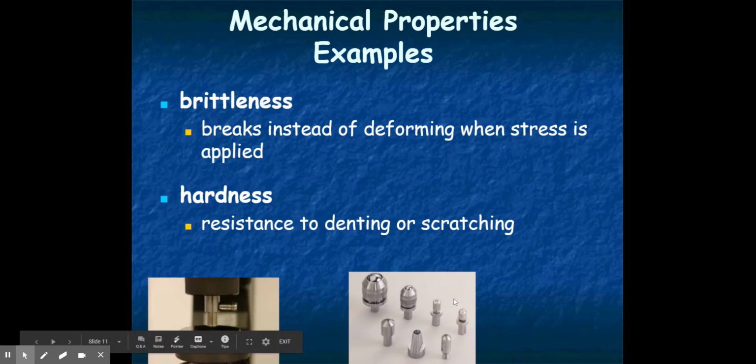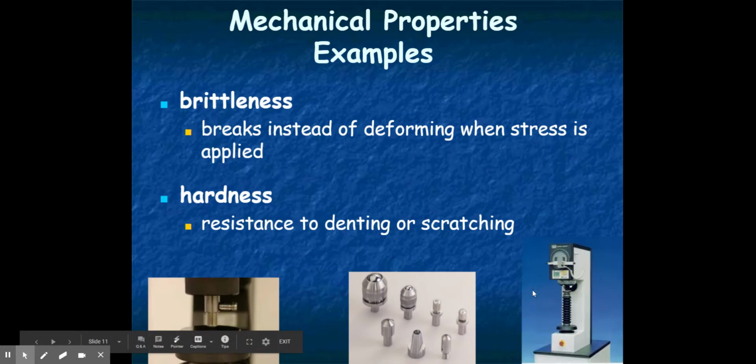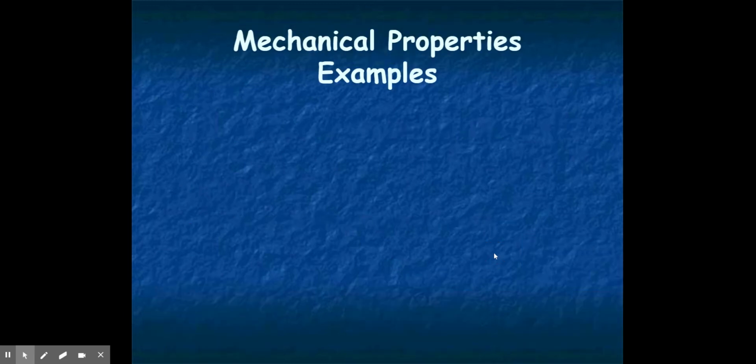So here I have a couple of pictures of the hardness testers, which you can use to scrape or to press into something to dent it, and that would be testing the hardness factor. Usually you're going to have things like the Mohs scale, M-O-H-S, Mohs scale, and it's going to be a relative scale from 1 to 10 on different materials, or you can do a Rockwell hardness test too. Those are different types of hardness tests.